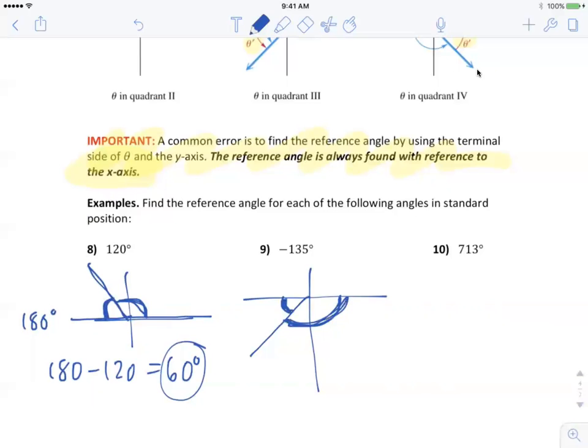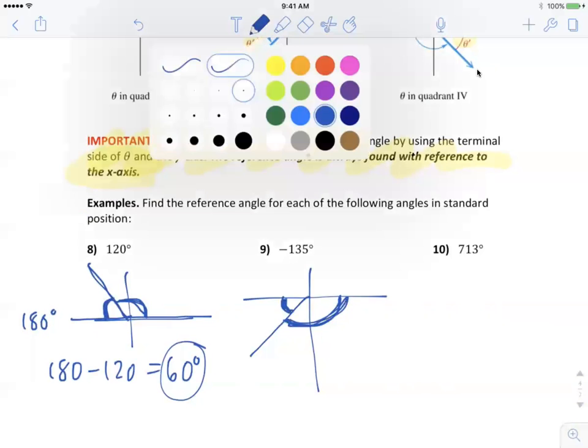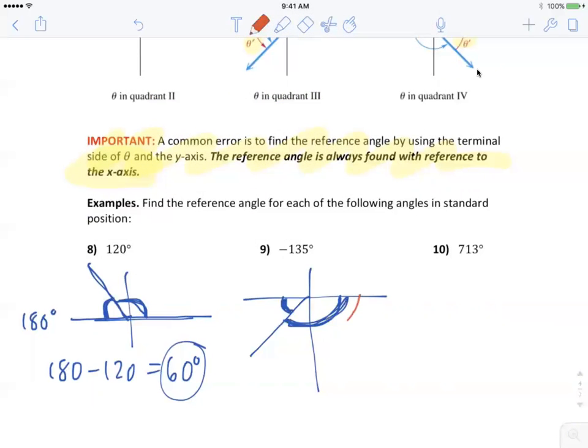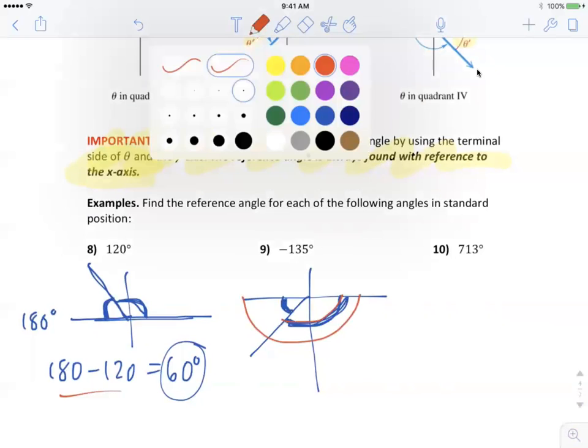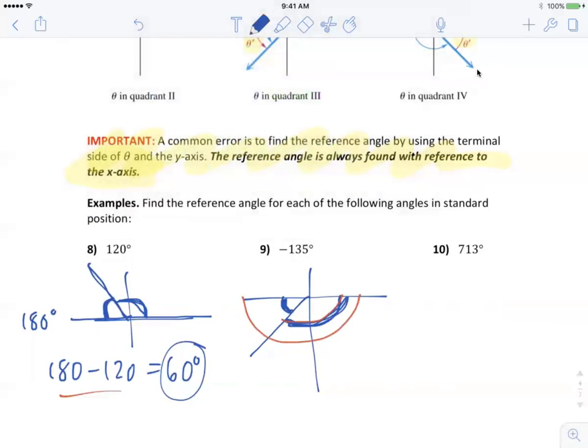All the way around, this would be 180, right? This is 135. So what's that? I could still do the same thing I did over there. Right, to calculate that out, just do a little quick math. 180 minus 135. 45 degrees is the reference angle. Notice my answers are always positive acute angles.